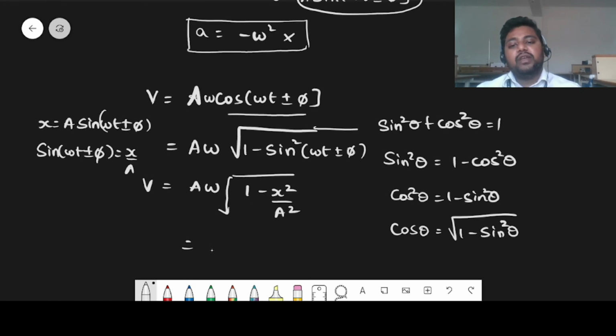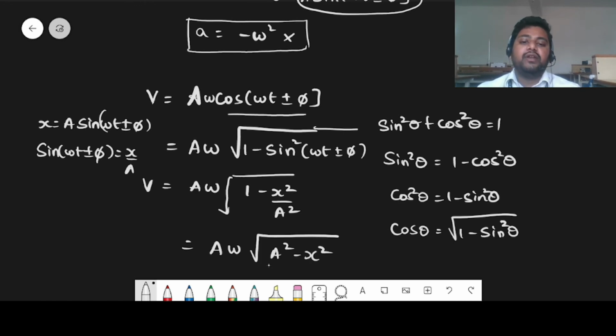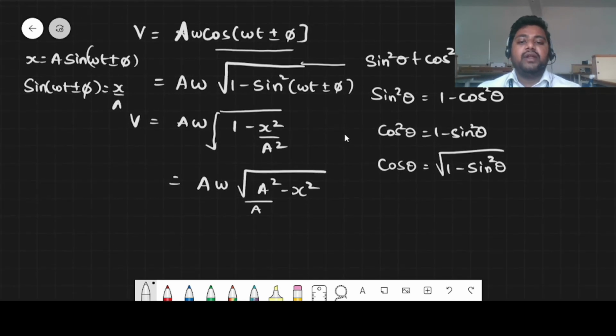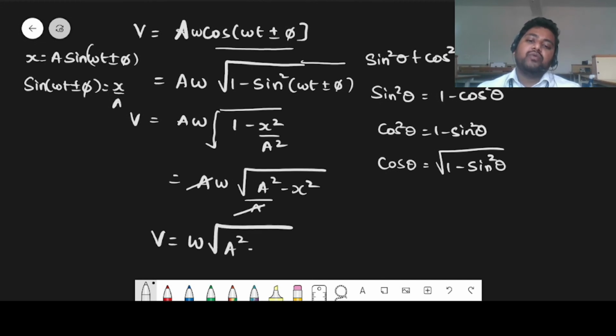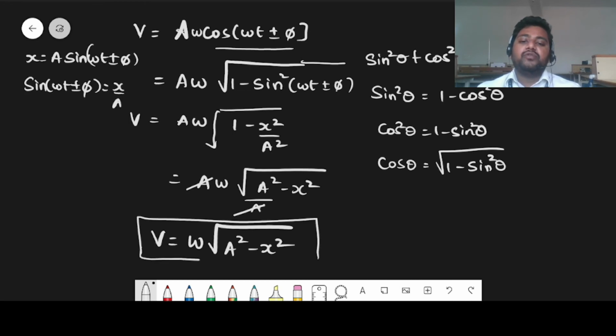Further, taking it as a omega into under root of a square minus x square divided by a, when the a is coming out of that root, these two amplitudes get cancelled. Velocity can also be written as omega into under root of a square minus x square. So these are the different forms of velocities and accelerations that you can use.